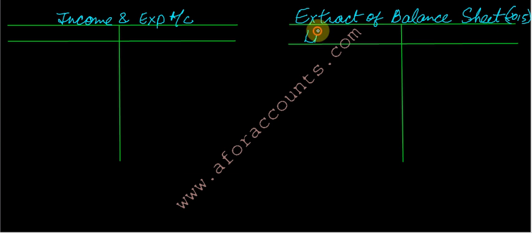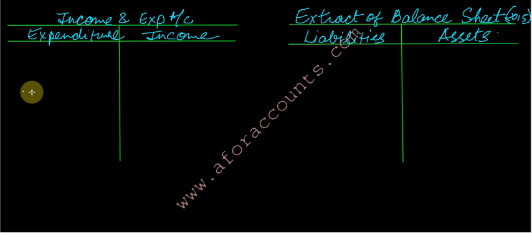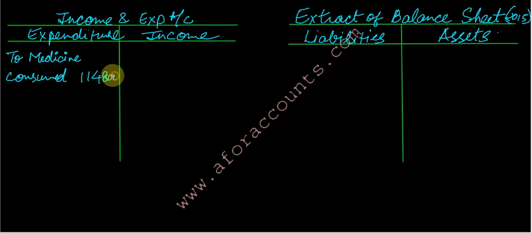I have liabilities and assets, and here I will have expenditure and your income. So on the expenditure side, I will write the value of medicines consumed. To medicine consumed is 114,800, the value which I got from the working above.